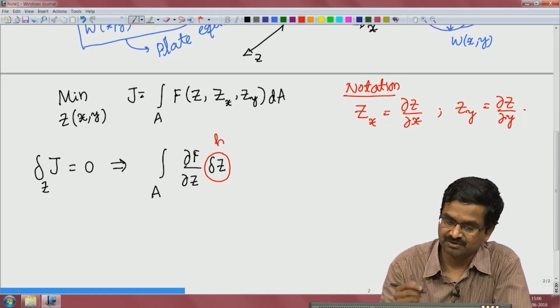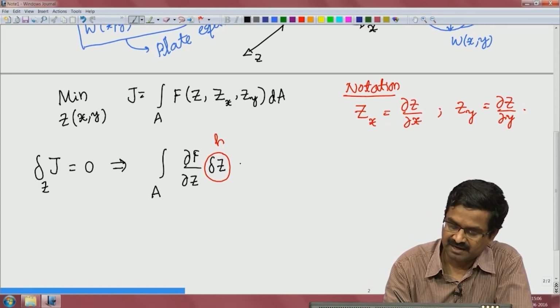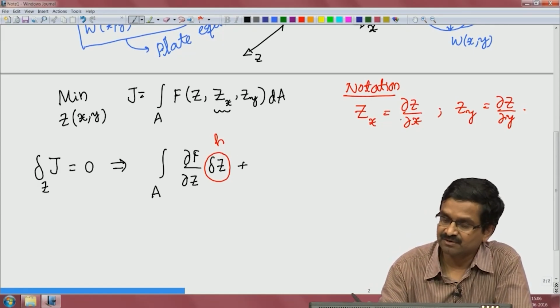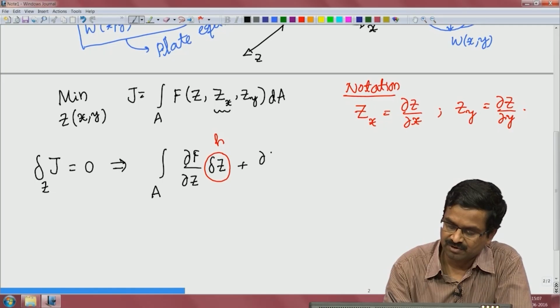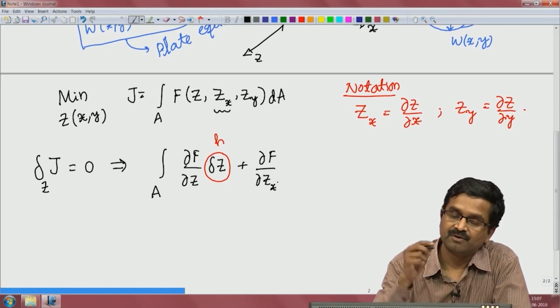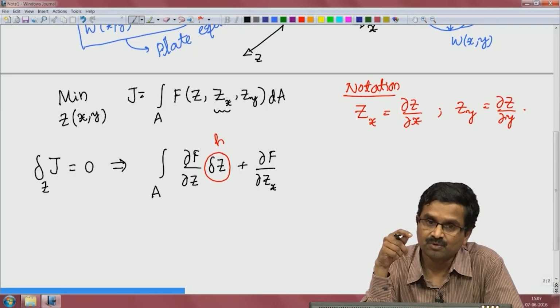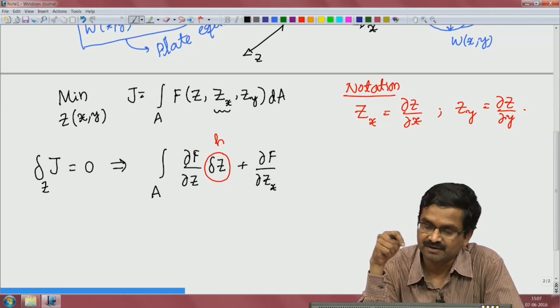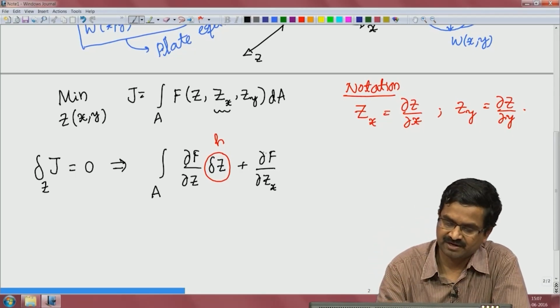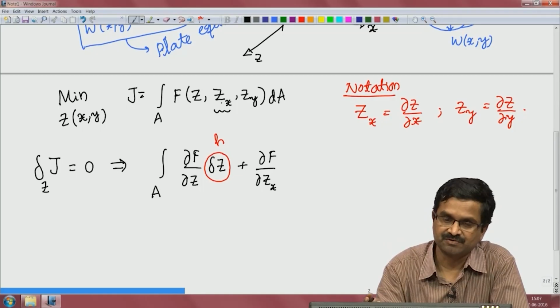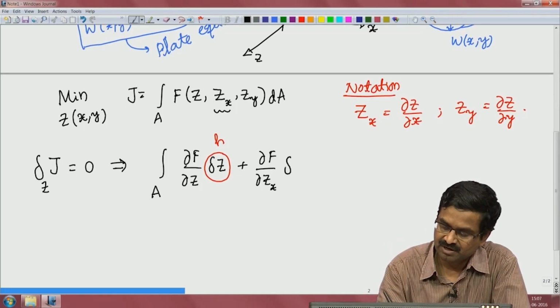That is our trick. So, we need to consider the variation, and then since it also depends on z_x, meaning dou z by dou x, we have to do dou f by dou z sub x, meaning dou f by dou (dou z by dou x). Okay. That means wherever f has z_x terms, that is what we differentiate into the perturbation of z_x.